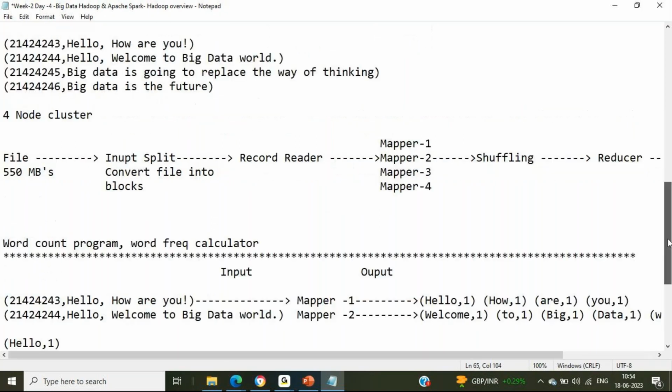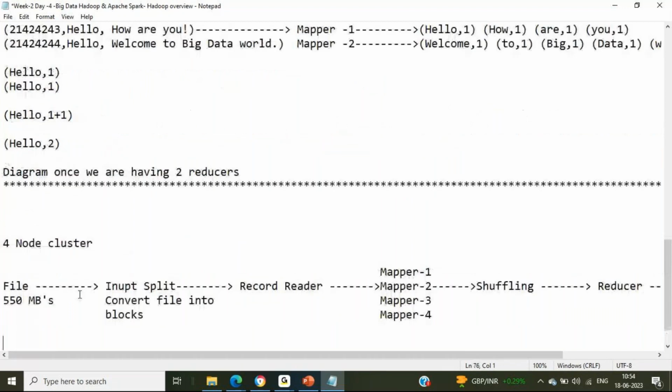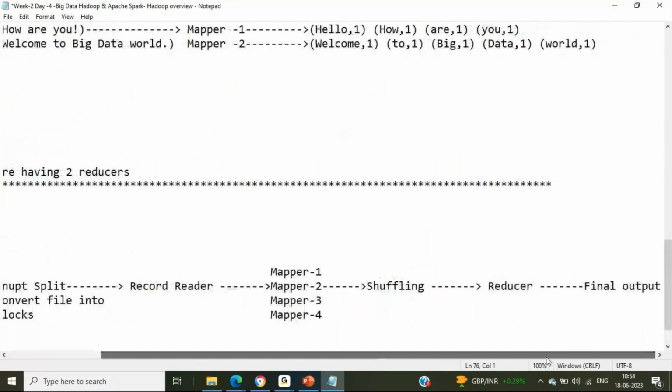This is something like a little bit of parallelism we are going to add at the reducer side. So say we are having two reducers, reducer 1 and reducer 2.